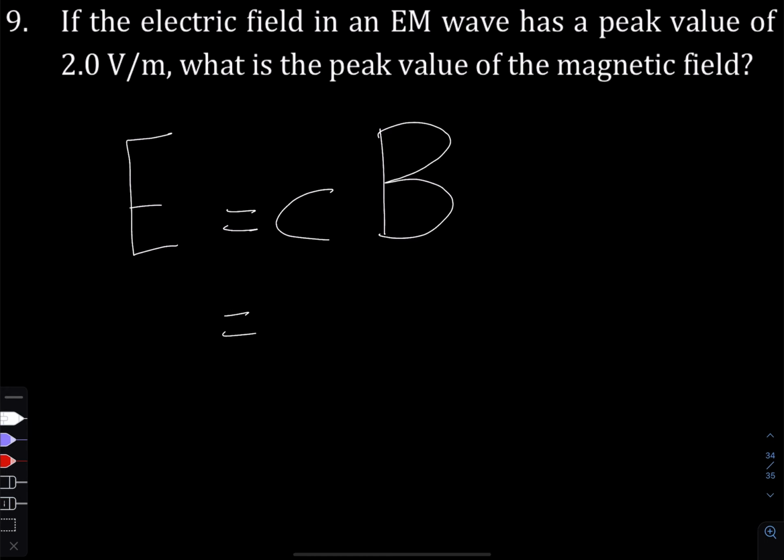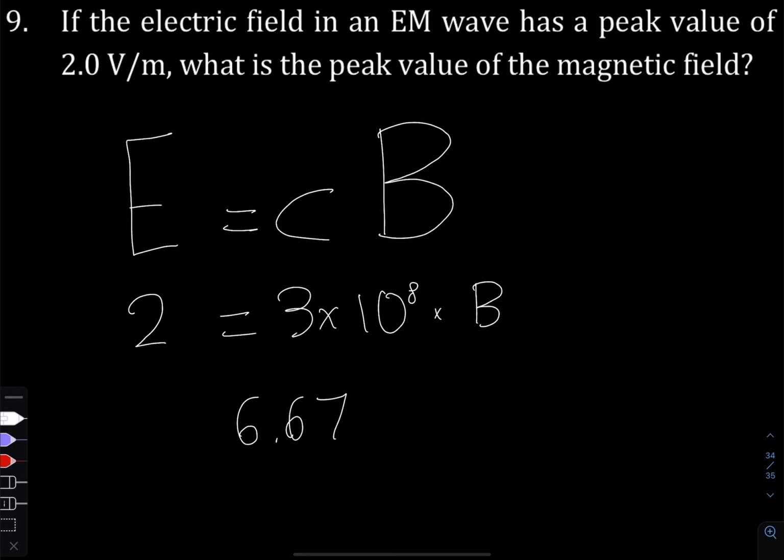So if the electric field is 2 volts per meter and the speed of light is, as it is, 3 times 10 to the 8th, then the magnetic field is just 2 divided by 3 times 10 to the 8th. So it's going to be 6.67 times 10 to the negative 9 Tesla.